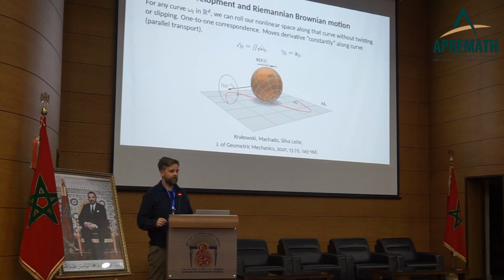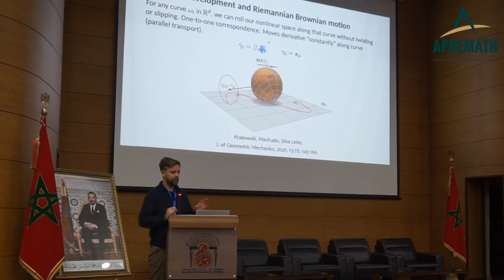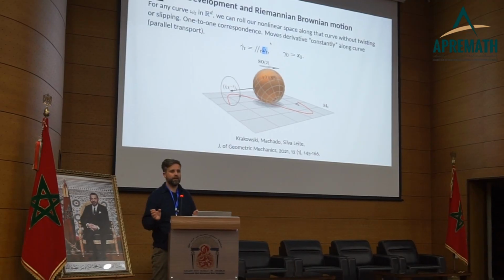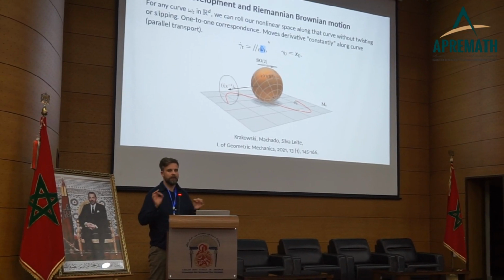And the way you can picture this is that you draw omega on the table, and then you roll the ball, in this case, along the curve without twisting or slipping. And that gives you a one-to-one correspondence between curves in the flat space starting at 0, and the curves on your manifold starting at a given point.